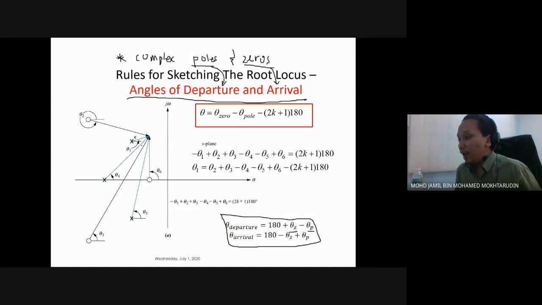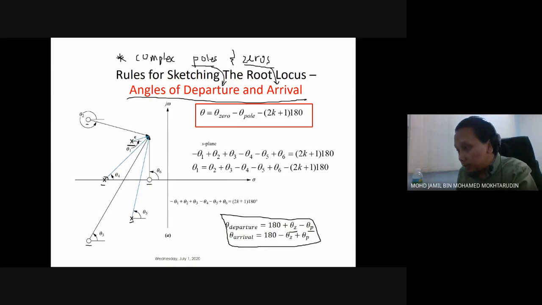Okay, so let's say you have, for example, poles here, x, and then you have two more poles, one here, and three more zeros, one here, and here. The rules for angle of departure and arrival apply only for complex poles and zeros.